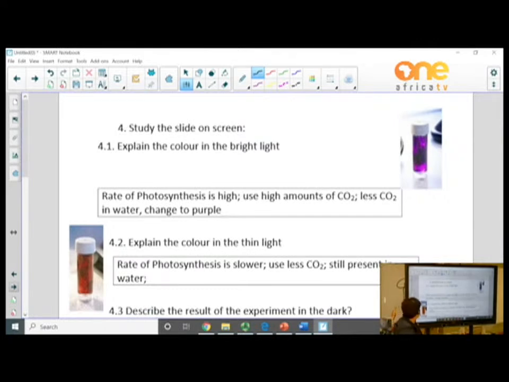If I look at the color of the thin light, I can see it's almost red, and we cannot really argue whether it is going to the yellow part or the purple side. So I said the rate of photosynthesis is much slower, and it uses a small amount of carbon dioxide because there is a bit of light.